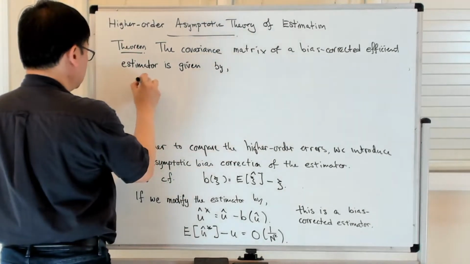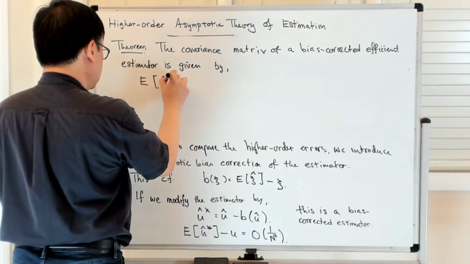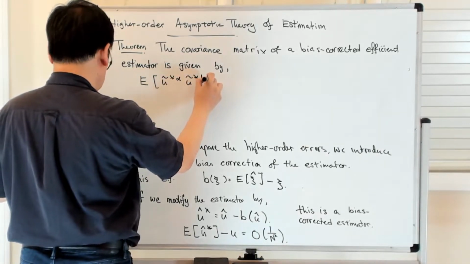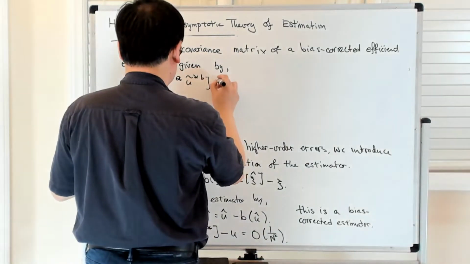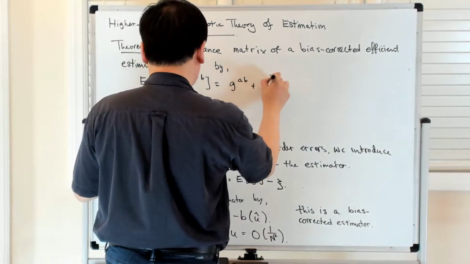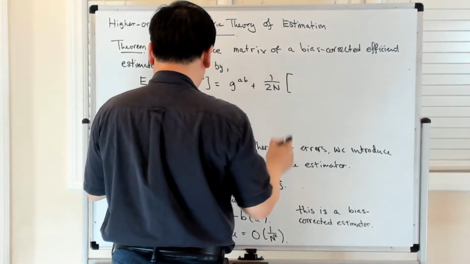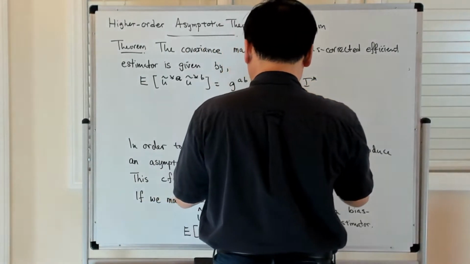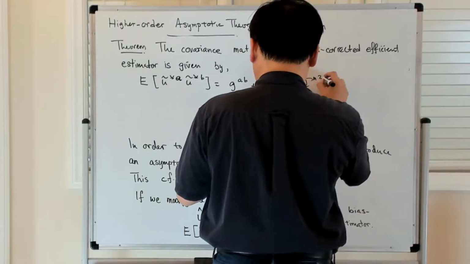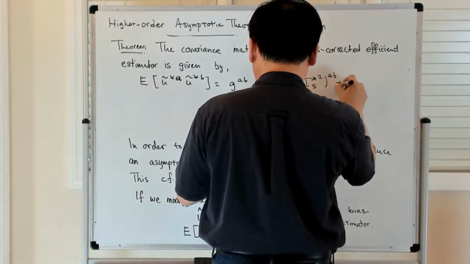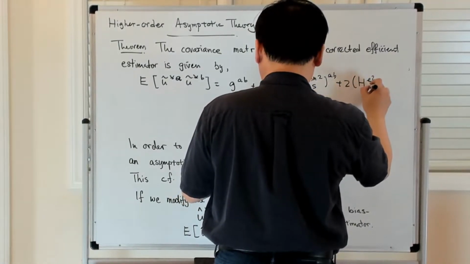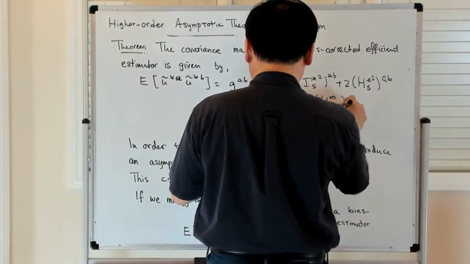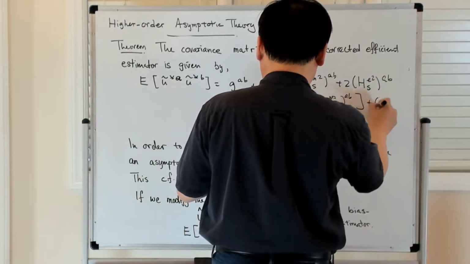So this is going to be G_AB plus 1 over 2n times (Γ^M)²_AB plus 2 (H^E)²_AB plus (H^M)²_AB, plus something which is higher order.